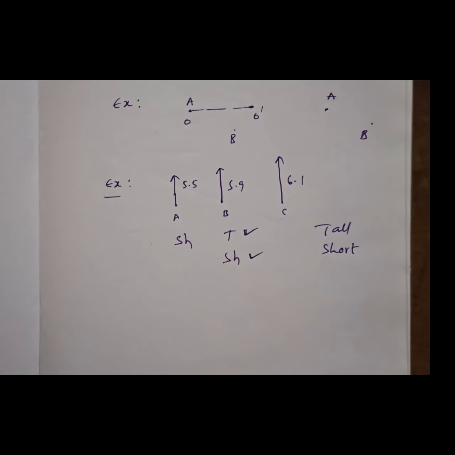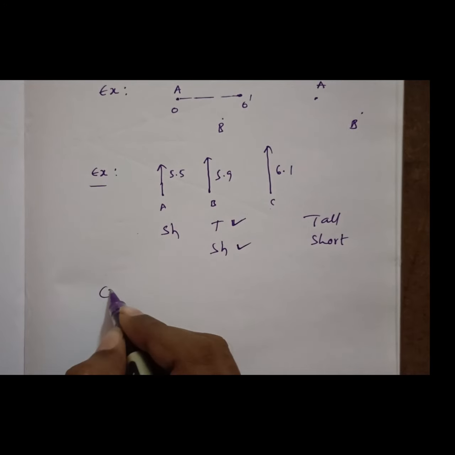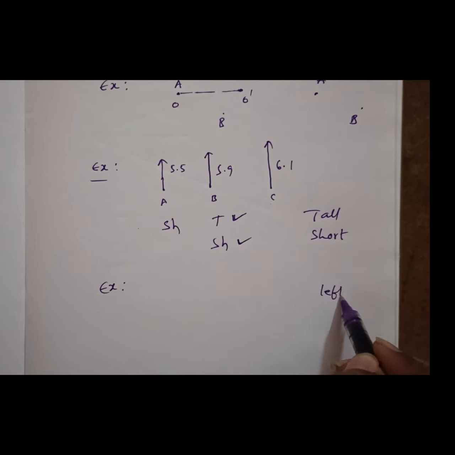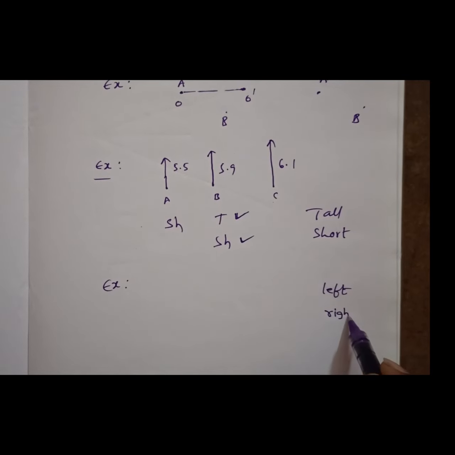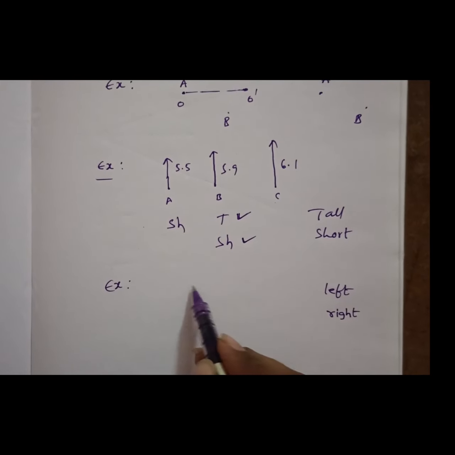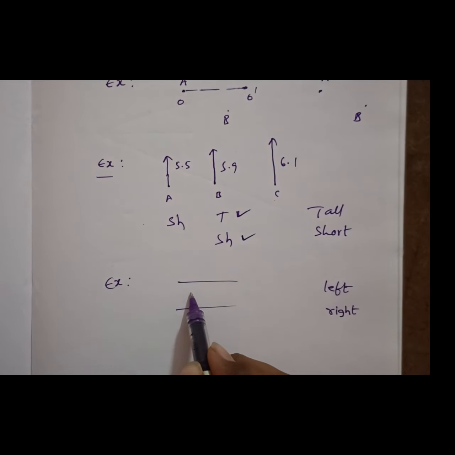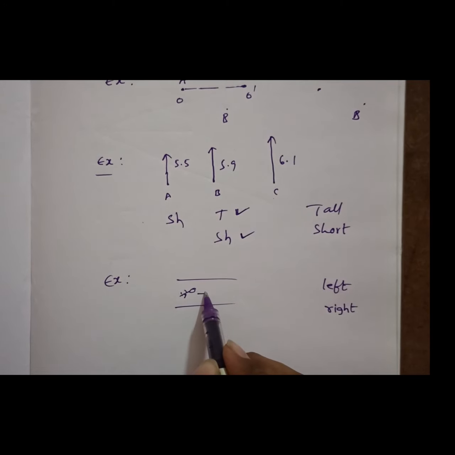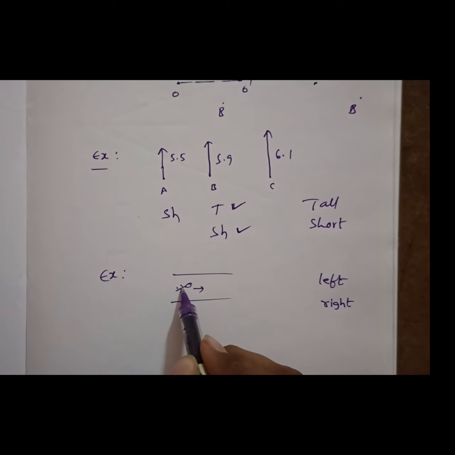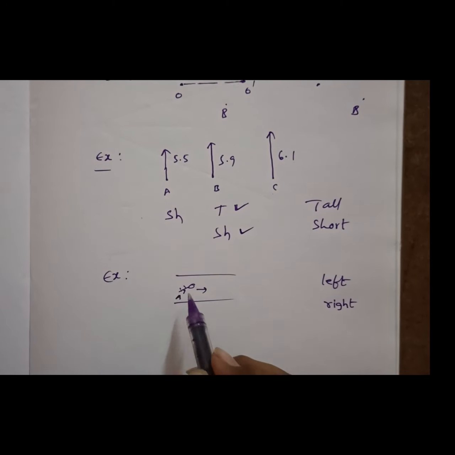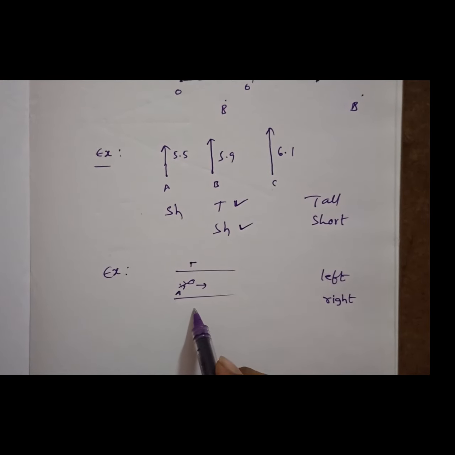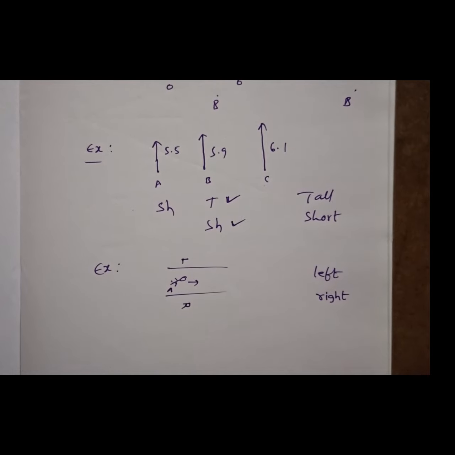I'll tell you another example: left or right. Now this is a path. One member is standing on the path facing like this. For this person A, this is left and this is right.